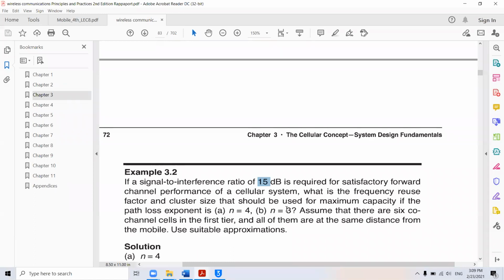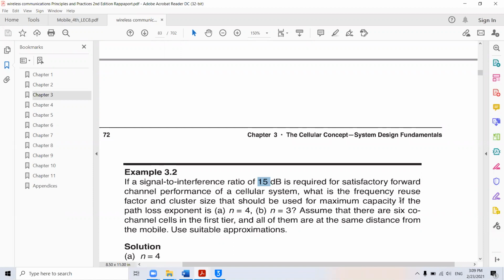Again, we have to keep in our mind when we determine the frequency reuse or the cluster size that should be used for maximum capacity. What do you mean by maximum capacity? As you know, a smaller cluster size will maximize the capacity of the cellular communication system.